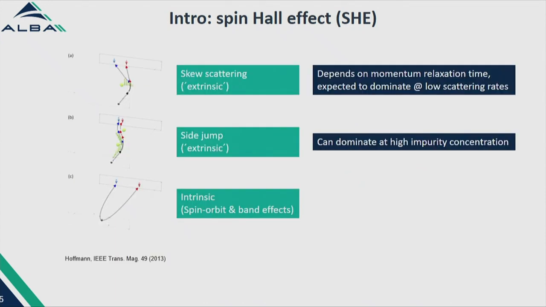There are much brighter experts than me on this field here, but just very briefly, phenomenologically, one can describe it as having different contributions, some happening during scattering, like the skew scattering mechanism or the side jump, and others in between scattering events, and the different contributions weigh more or less depending on the material and the experimental conditions.